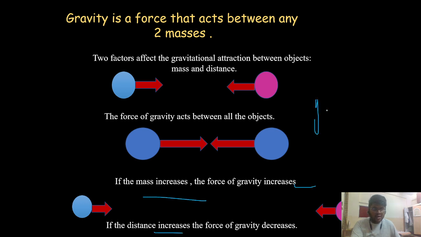What we can conclude is that g is proportional to mass and g is inversely proportional to the distance. So if the mass increases, the force of gravity increases, and if the distance increases, the force of gravity decreases. I hope I was able to clear the concepts of gravity.